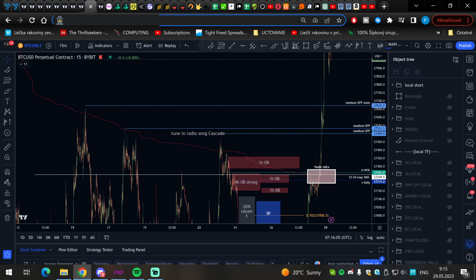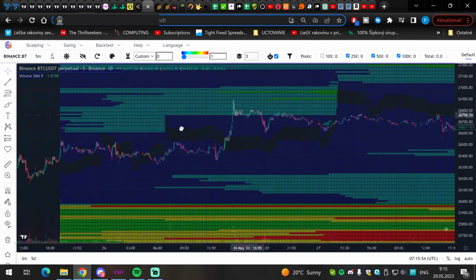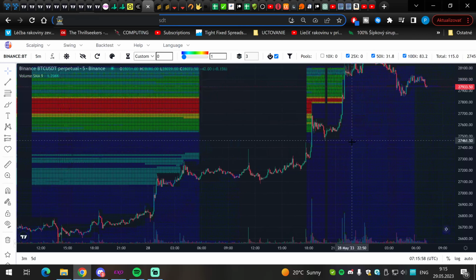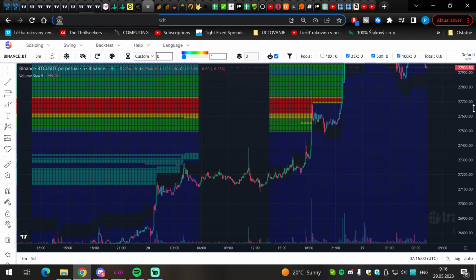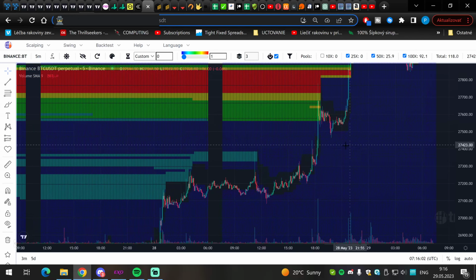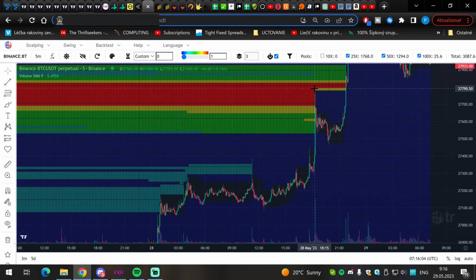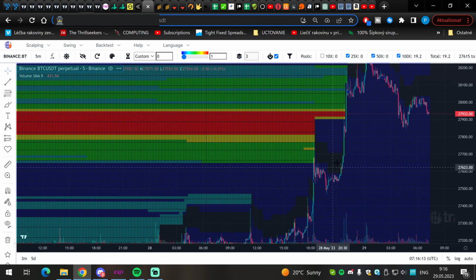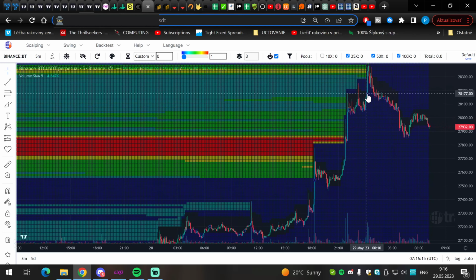So a lot of people, you can see the liquidity over here. Yes, this move here went over all three highs and took out most of the liquidity. We left a bit of it, and then we started to go over much more.